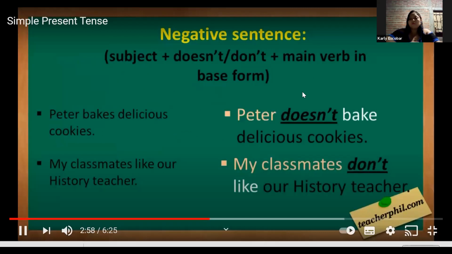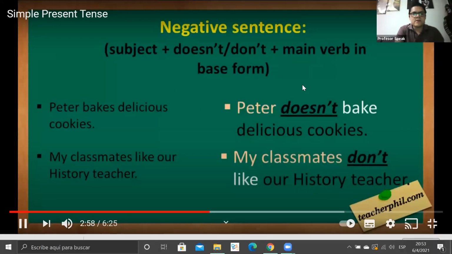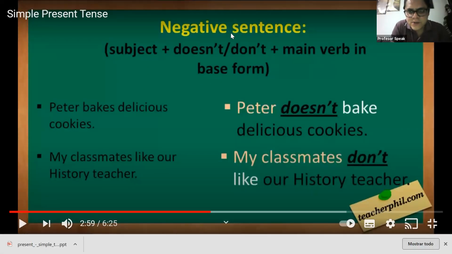If you notice, for negative sentences, what's the structure, Karen Martinez? Can you repeat, please? Read the structure. What's the structure for negative sentences?